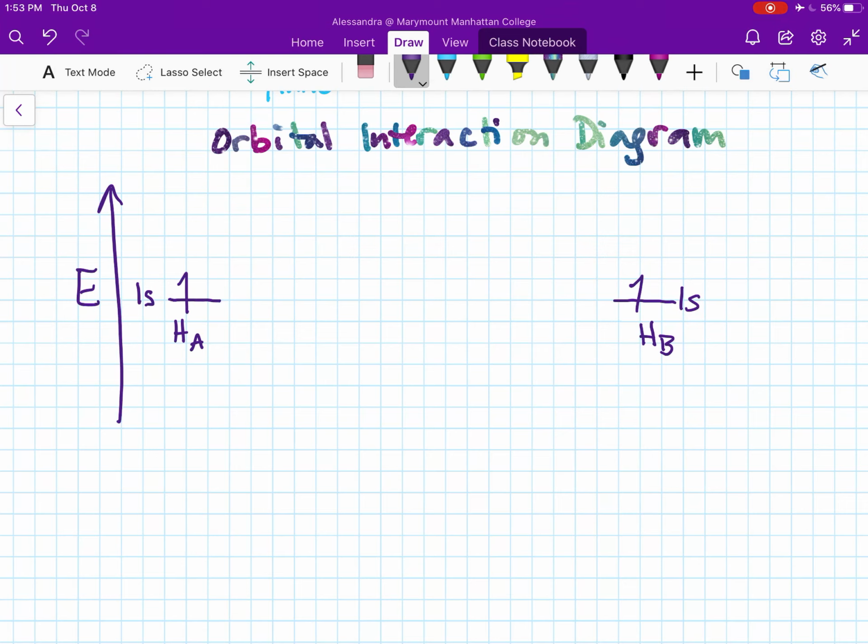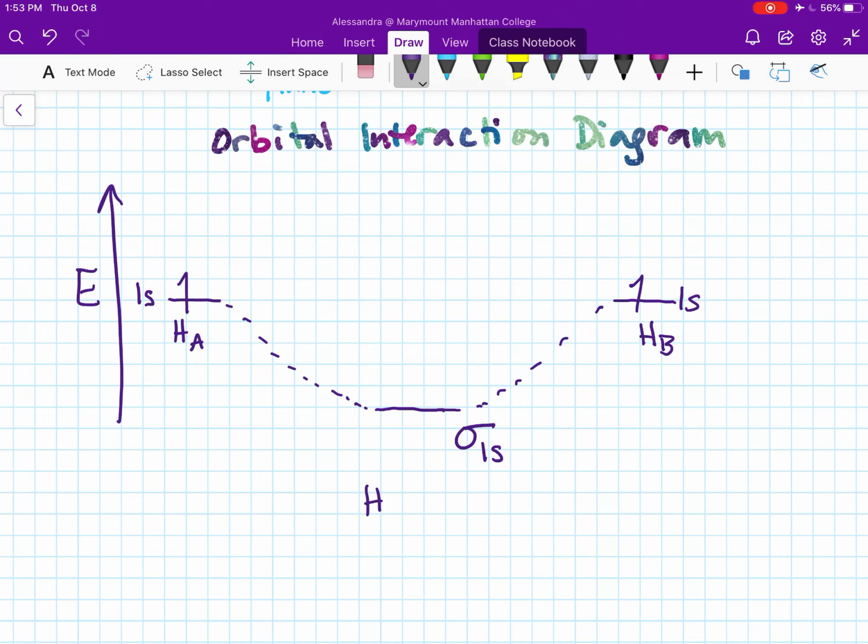Now, I know that when I do a linear combination of these orbitals, I get a stable bonding molecular orbital that I am labeling sigma. This is going to be my sigma 1s bonding orbital.